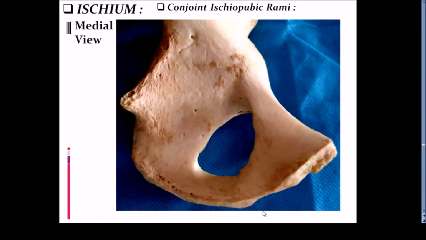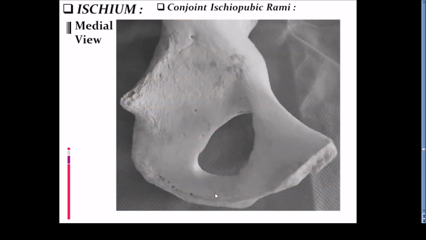Now attachment on the inner surface of ischiopubic rami. As we discussed, this inner surface is divided into three areas, upper area, intermediate area and lower area, by two ridges.